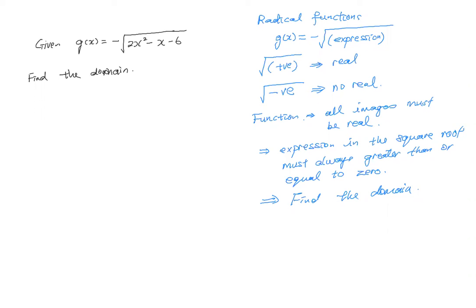So if I want to find the domain, the expression in the square root, which is 2x squared minus x minus 6, must be greater than or equal to 0, correct? Agree with me? So how am I going to solve this inequality?